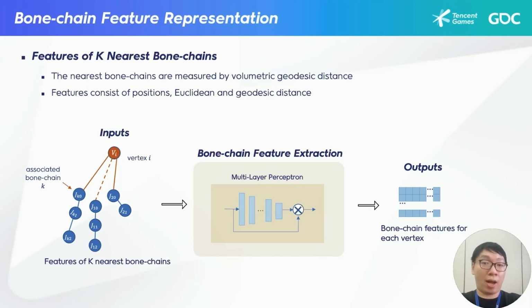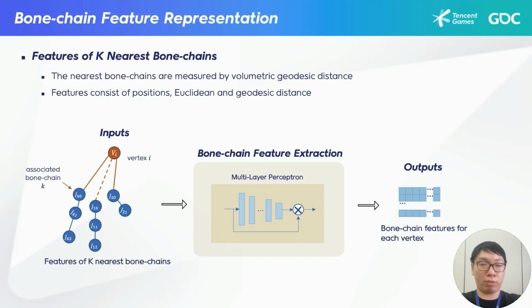The outputs are embedded bone chain features for vertices, which are encoded by the MLP structure. It's worth noting that vertices are often affected by multiple joints within the same bone chain, highlighting the importance of the bone chain attribute.